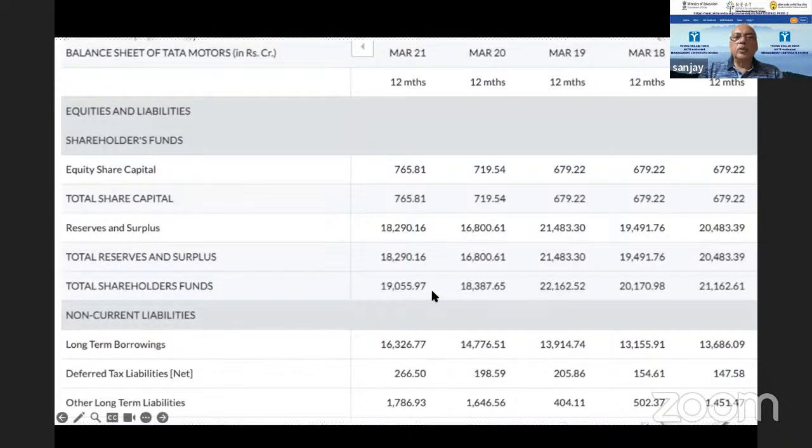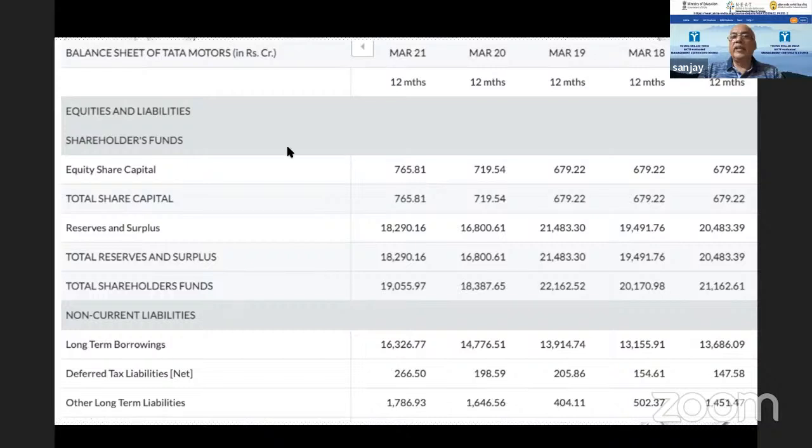You look at Tata Motors, another example here. Here again, you can see equity share capital is just 765 crores. So remember, NTPC is a giant. Tata Motors will be smaller, obviously. But even theirs is 765 crores in 21. Their reserves and surplus are 18,290 crores. This is the total amount of profit that the company has earned over the years.